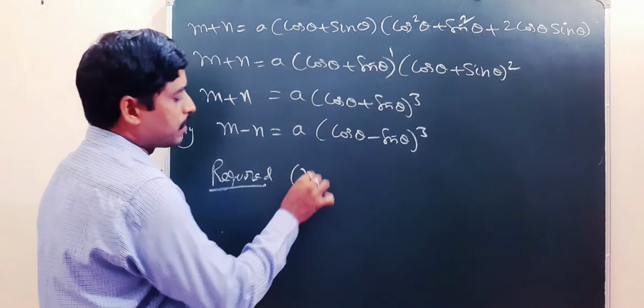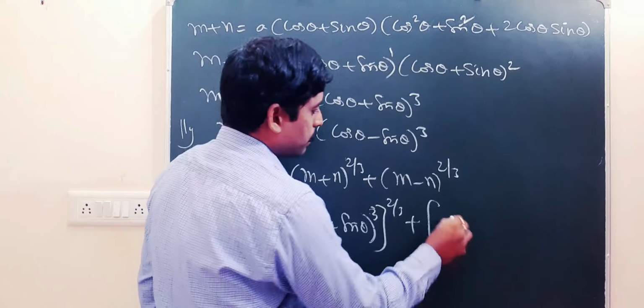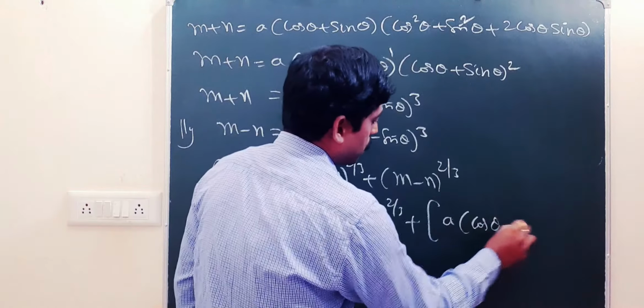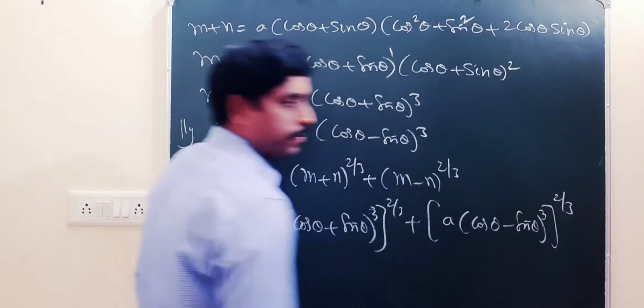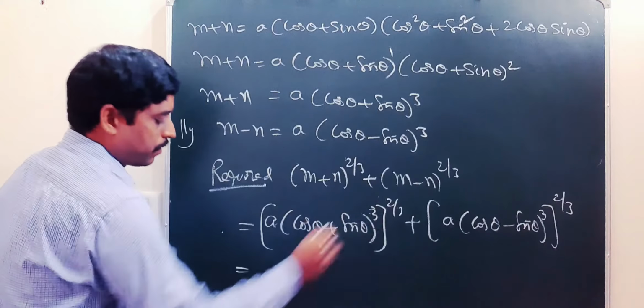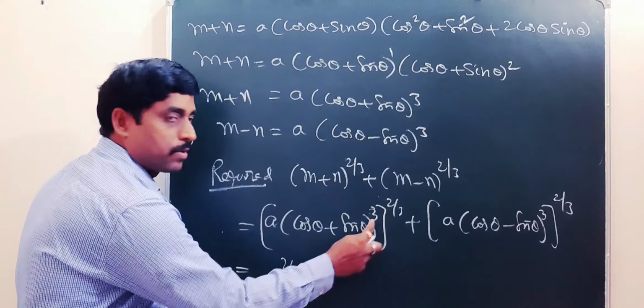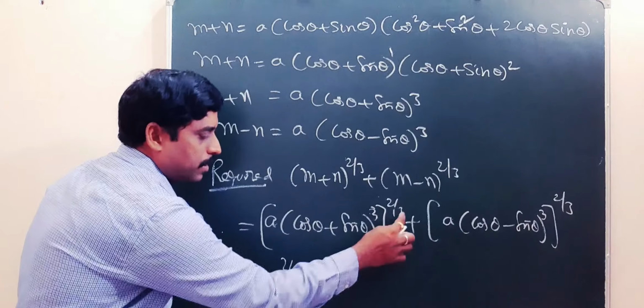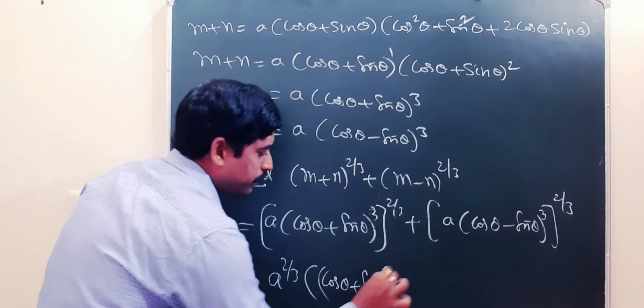For m minus n, the value is a into (cos theta minus sin theta) whole cube, to the power 2 by 3. This is a to the power 2 by 3 into (cos theta plus sin theta) whole cube to the power 2 by 3. So the 3 gets cancelled. It will be (cos theta plus sin theta) whole square.